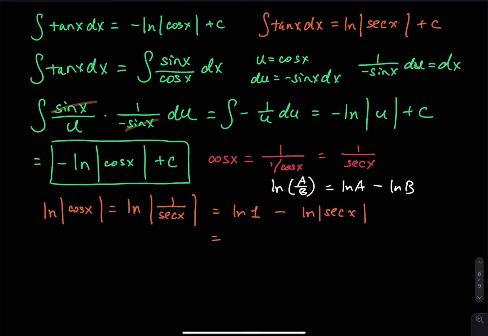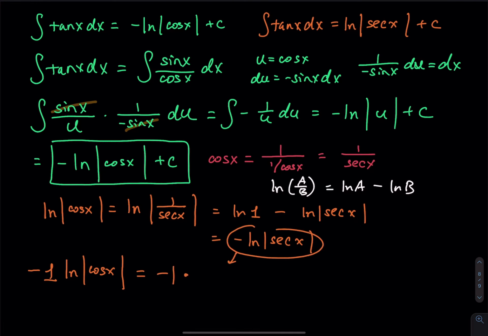So therefore, we only have negative ln absolute value of secant x. So if you have a negative in front of the ln cosine x, that is equal to this negative times the result of this. So you have negative negative ln secant x. That's how you get ln absolute value of secant x.